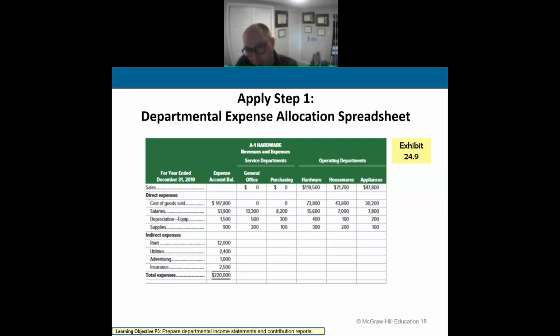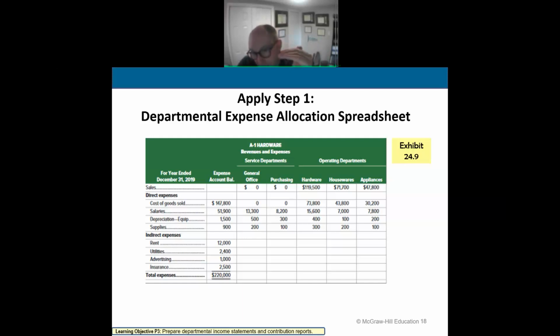My other departments that generate sales, I'll have sales for each department, cost of goods sold for each department, salaries, depreciation, and supplies. Those are all my direct expenses. So that's step one. I find and allocate all of my sales and direct expenses for all of my departments. My service departments, of course, they're not going to have sales, but my operating departments will.